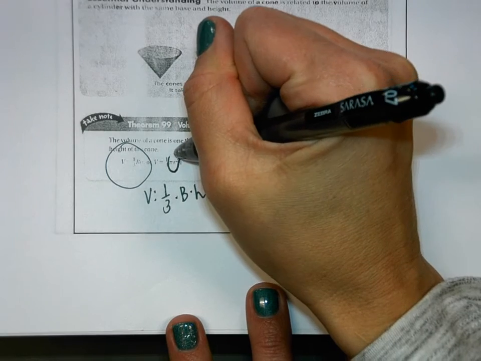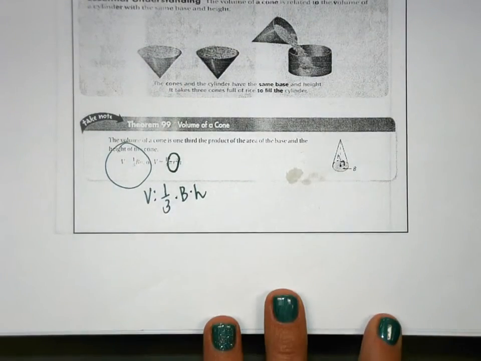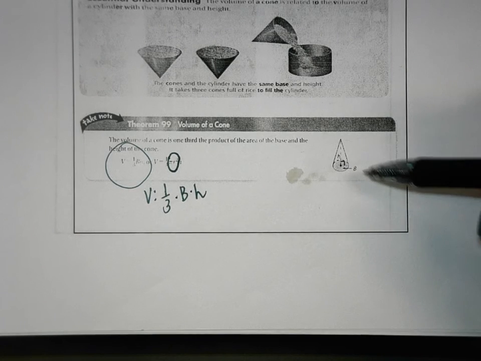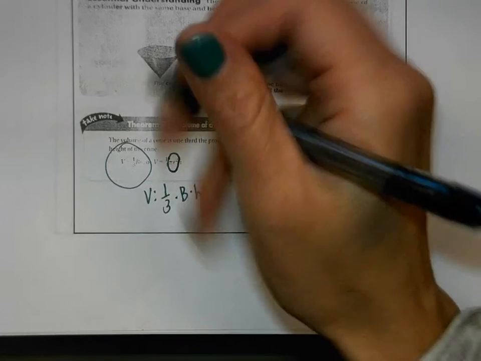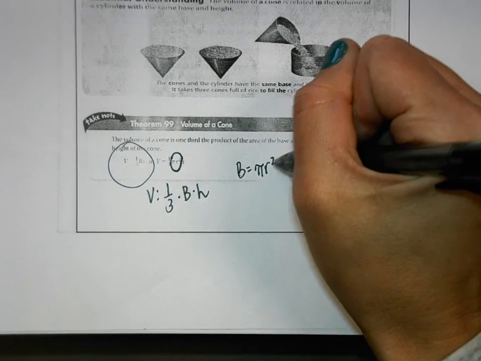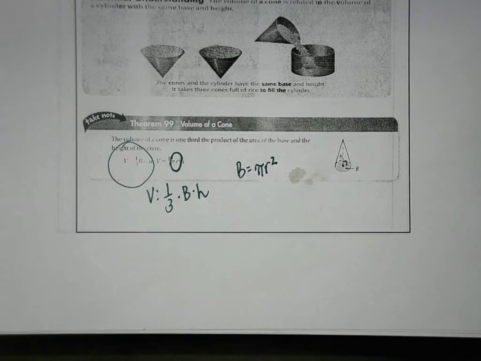Pi r squared. Okay, so on this example here, there aren't any numbers, but do we understand that the base area is pi r squared?